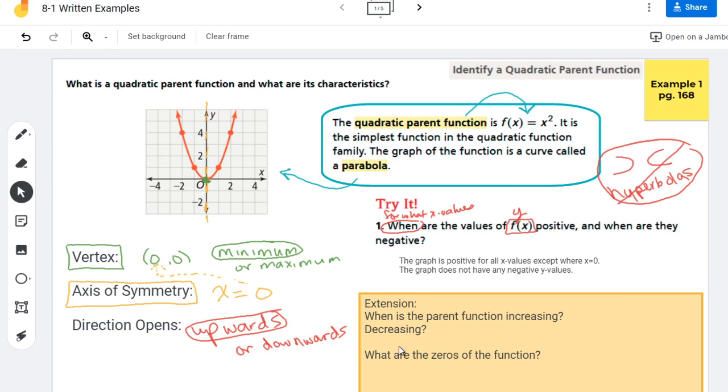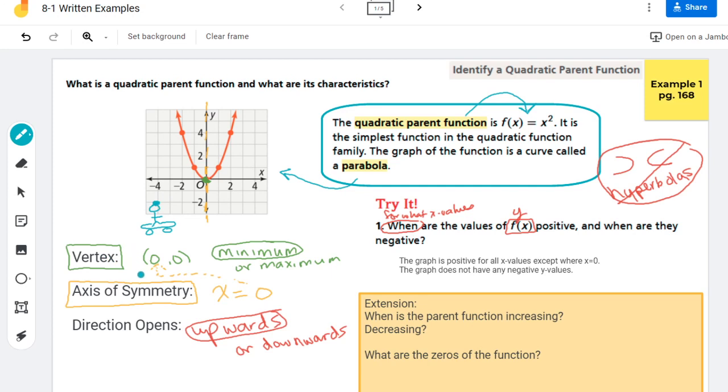Alright, so this part we're going to look at increasing versus decreasing. So what I want you guys to imagine for this, I'm actually going to use blue, is a guy on a skateboard. It's actually kind of a long board, huh? And he has a GoPro on his head.